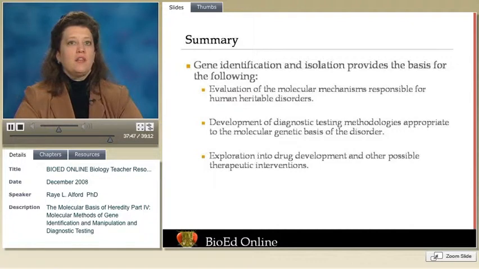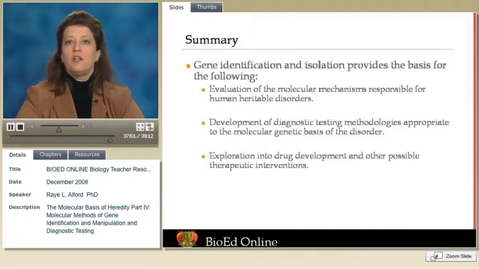Thus, the selection of appropriate testing strategies for the detection of particular genetic disorders must be based on an understanding of the molecular basis of the disorder in question. A variety of treatment approaches have the potential to impact the course of genetic diseases.